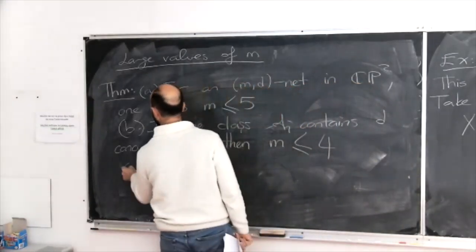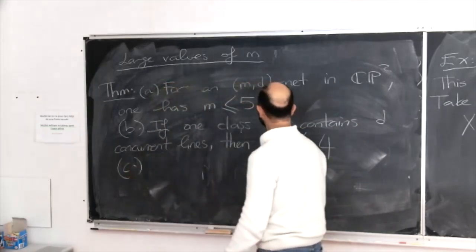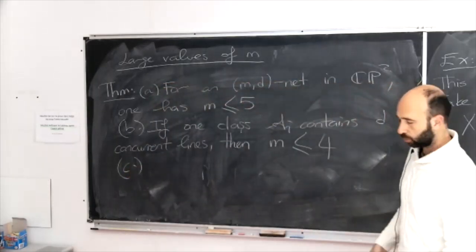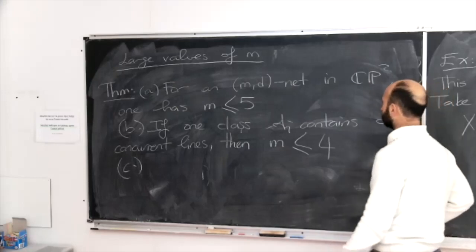And if two classes contain d concurrent lines each, then m cannot be 4 either.